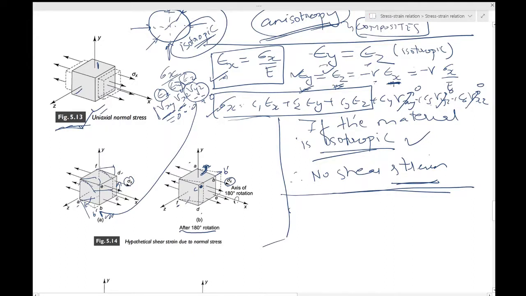Now you apply the second normal component of stress, which is sigma y. And sigma x is gone. Only sigma y acts now. And because of the linearity of the stress strain relation, an increment of stress will always produce the same increment of strain regardless of the level of stress before the increment was added.